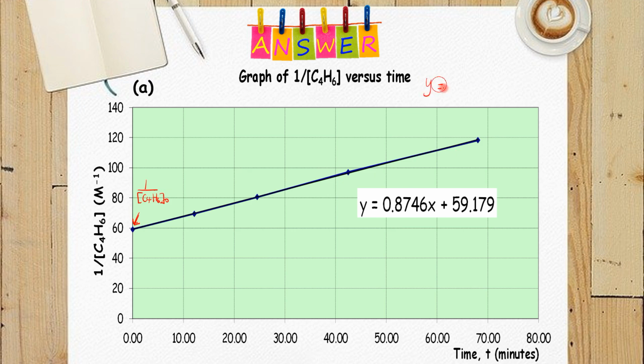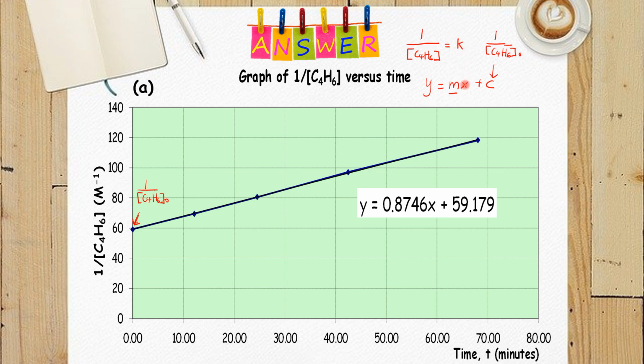So therefore, this is y equals mx plus c. Okay, where c here is 1 over concentration of C4H6 naught. Okay, and then y is referred to as 1 over concentration of C4H6. Okay, and m here is referred to as k.